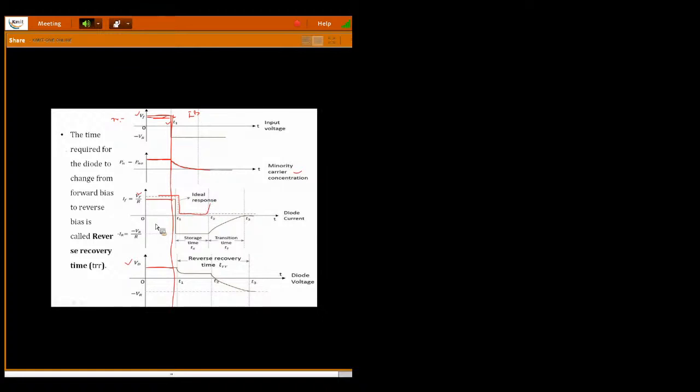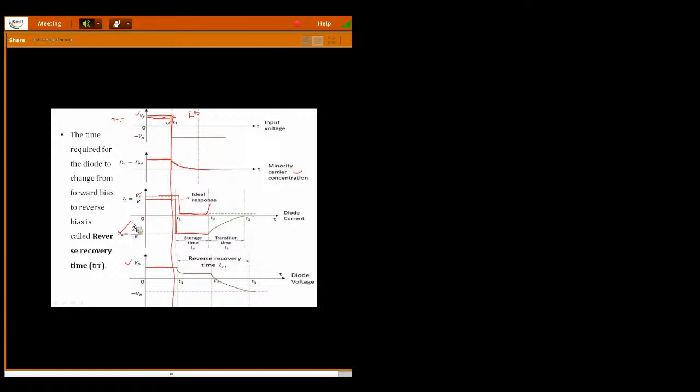But practically, when you change from forward to reverse bias at this point, see how much current is going to flow. Due to the large number of minority carriers at the junction, it will not immediately enter into reverse bias. A large amount of current flows in the reverse bias also. That current is a reverse current, minus IR, which is minus VR by R. It is the reverse saturation current.